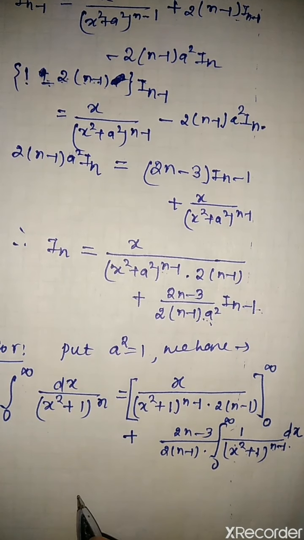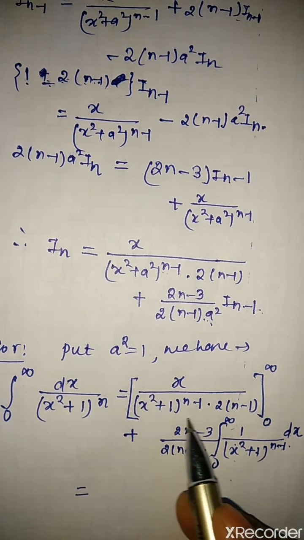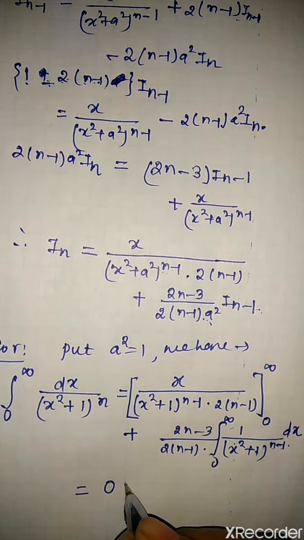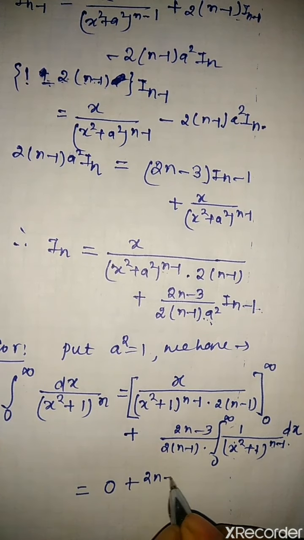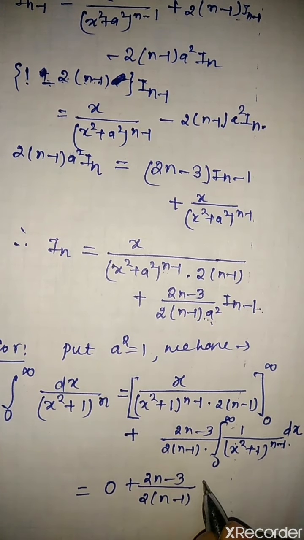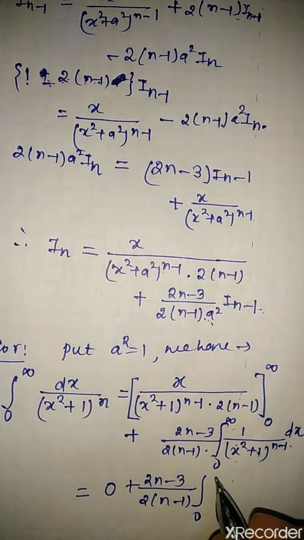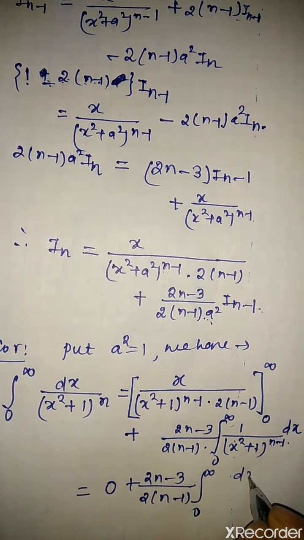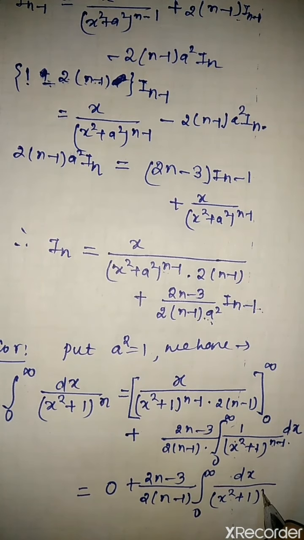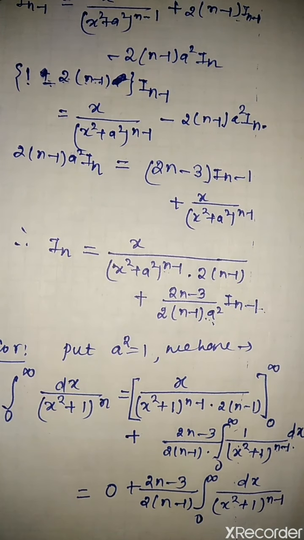Fine. So by substituting the value, the first bracket we have is 0. And the second bracket we are left with (2n minus 3) divided by (2n minus 1)... integration 0 to infinity dx divided by (x square plus 1) whole to the power n minus 1.